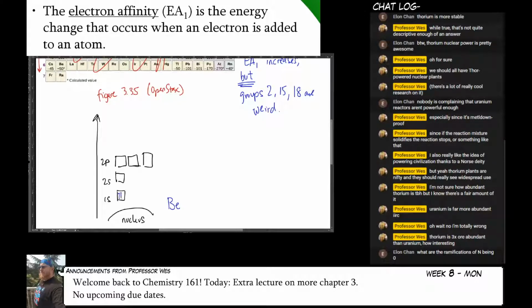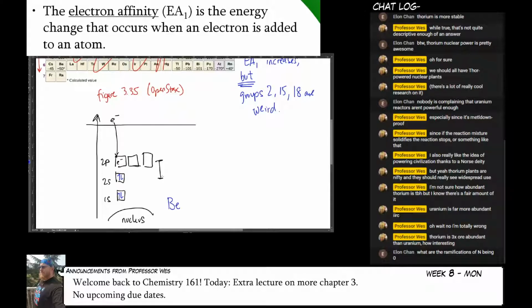Here's what beryllium looks like. And now I'm going to add an extra electron in there. That's going to go in here. What ends up happening here is that for the second element, the electron affinity should be a little bit less intense because there is an energy difference between S and P.